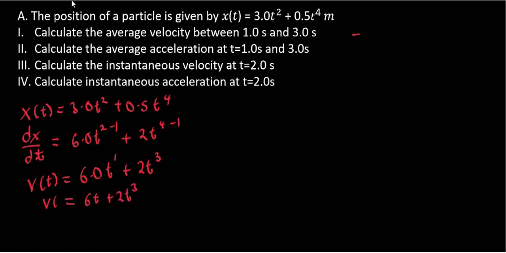So this is the instantaneous equation of the velocity. But the question is asking us to calculate the instantaneous velocity at what time? At 2. So I'll substitute 2 wherever there is t.